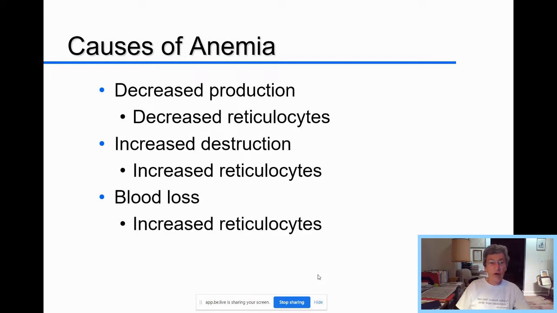Blood loss may also have increased reticulocytes. Sometimes blood loss is obvious, but otherwise the physician may have to distinguish between decreased production and increased destruction of red blood cells.